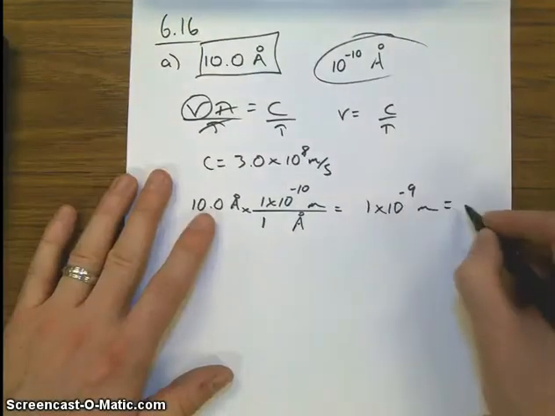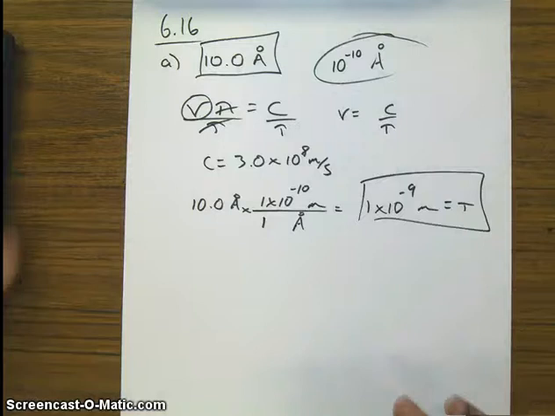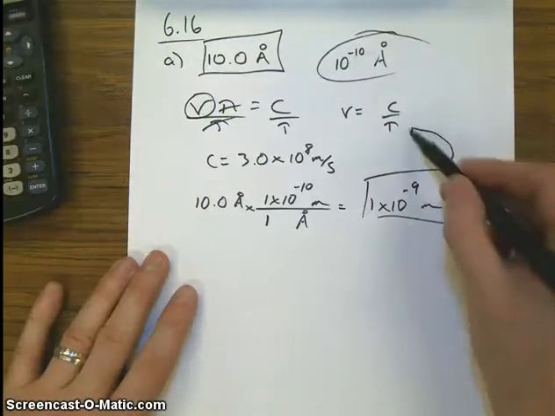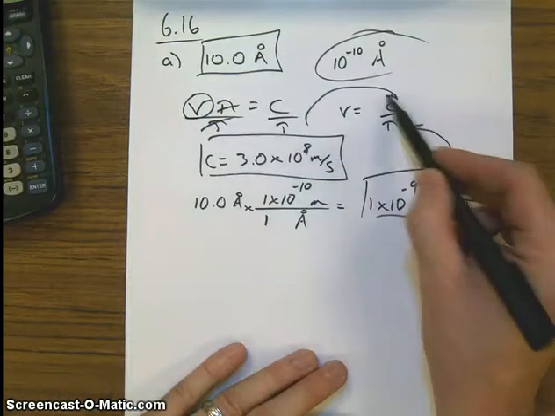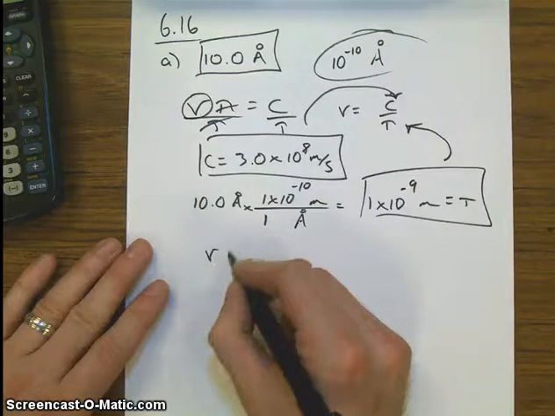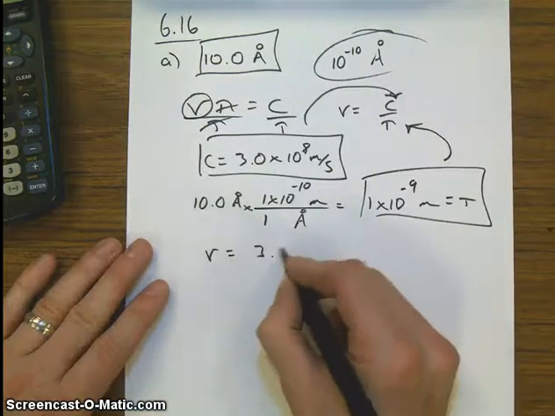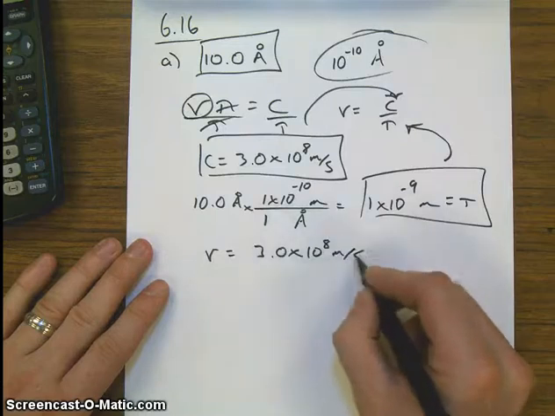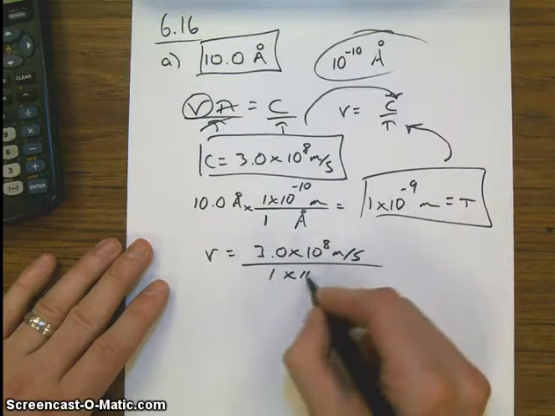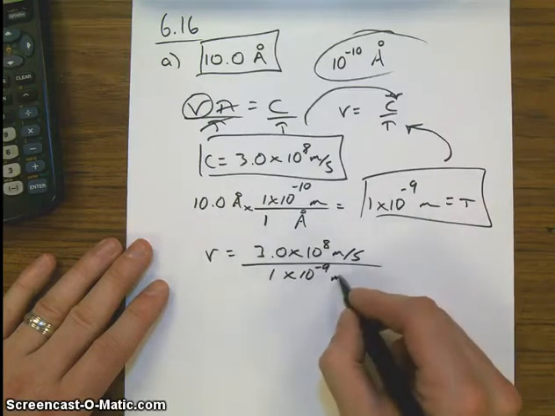So that's my lambda. Now I can plug in my lambda into my equation and plug the speed of light in up top. So frequency is equal to 3.0 times 10 to the 8th meters per second divided by 1 times 10 to the negative 9th meters.